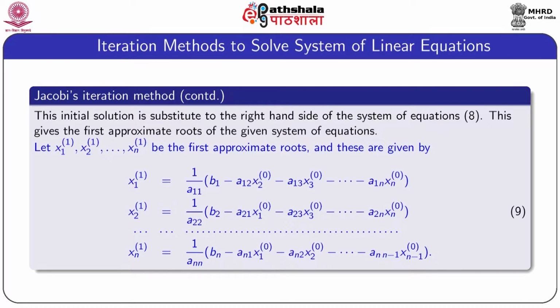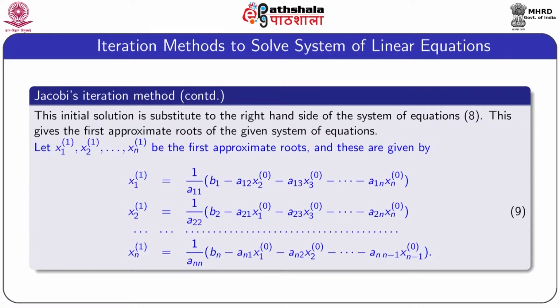Let x1^1, x2^1, ..., xn^1 be the first approximate root of the system of equations, and these first approximate solutions are obtained by the following system of equations. That means x1^1 is obtained by the formula 1 by a11 into (b1 minus a12 x2^0 minus a13 x3^0 minus ... minus a1n xn^0).